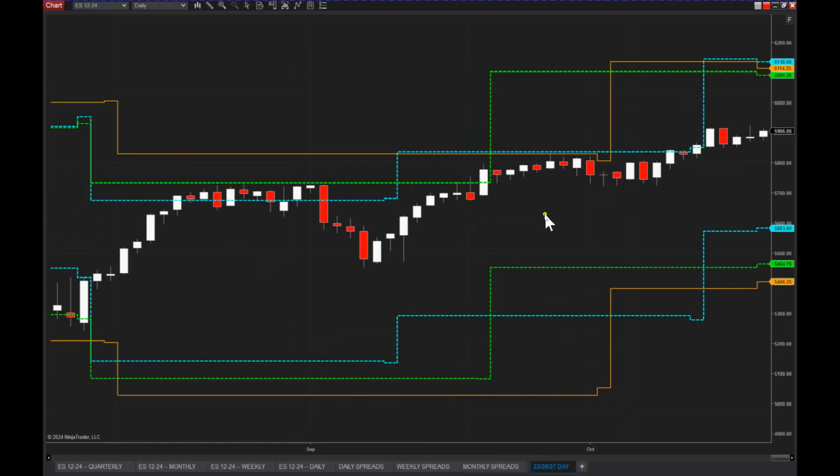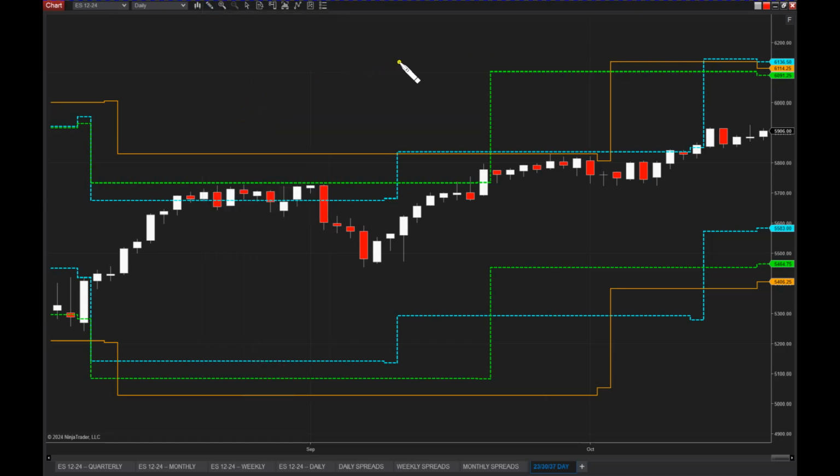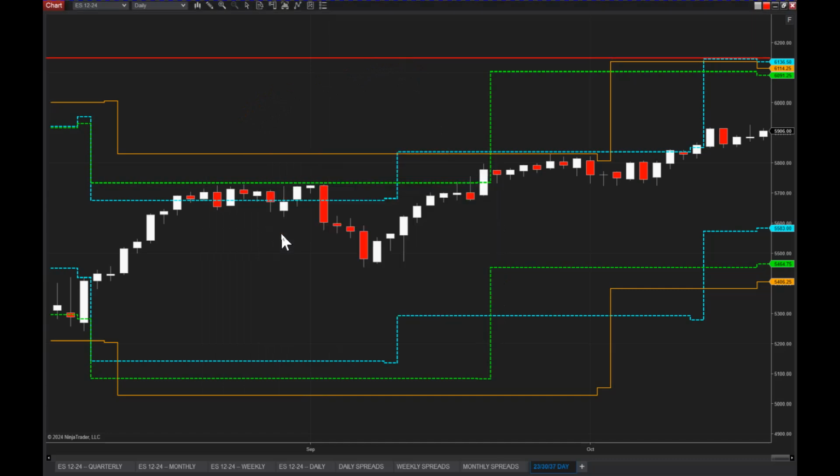Okay. So here's your upside targets for the E-mini on the 23, 30, 37 day. 60.91, 61.14, and 61.36.50. Those are the three outside money makers. So I would say there's a lot of risk sitting at 61.50 outside that line. 61.40.